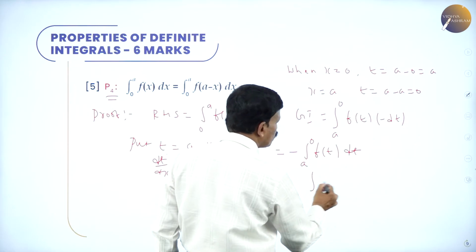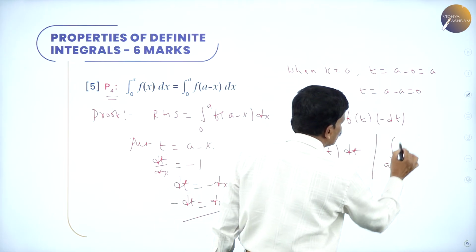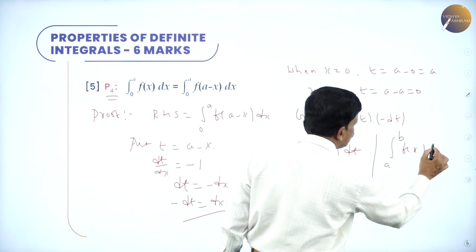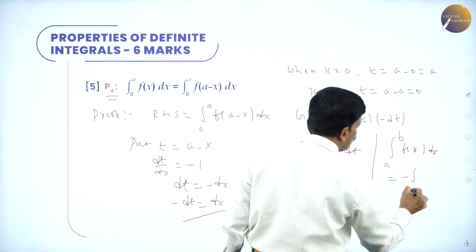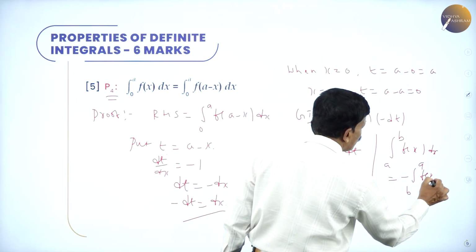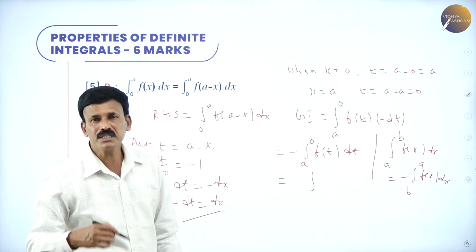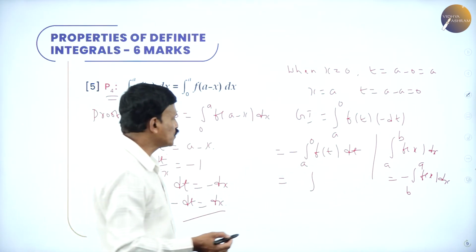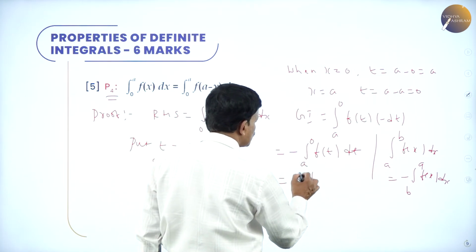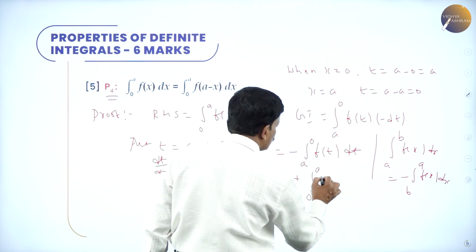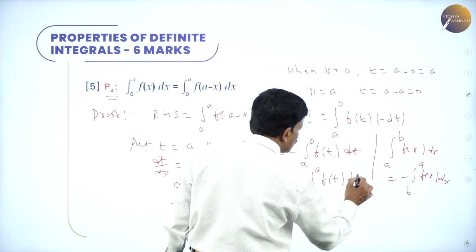Again, according to the property, integral a to b f of x dx is also equal to minus b to a f of x dx. If you interchange the lower and upper limit, the integral becomes negative. So minus becomes plus, and a to 0 becomes 0 to a f of t dt.